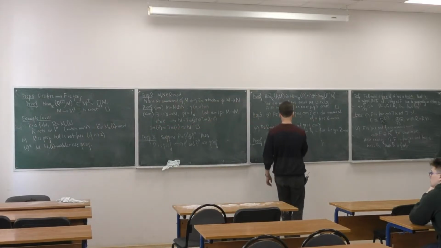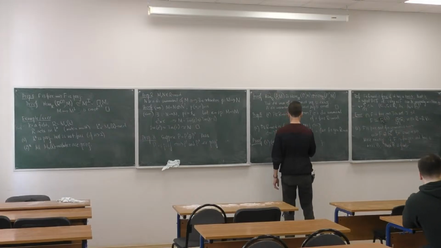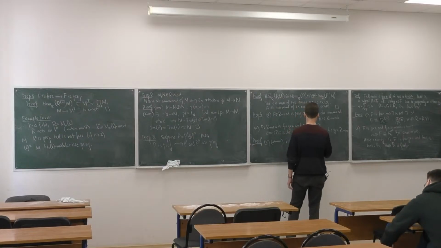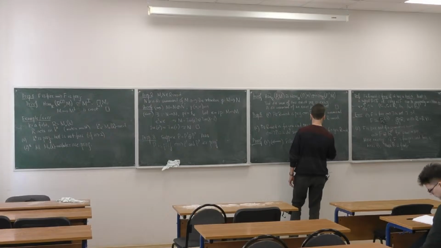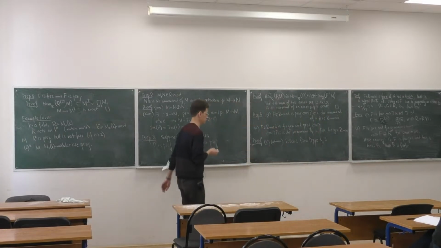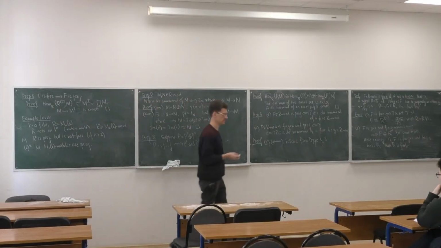So this readily follows from proposition 3 and from proposition 1. A free module is projective, and the direct summand of a projective module is projective. And clearly, a direct summand of a finitely generated module is finitely generated.